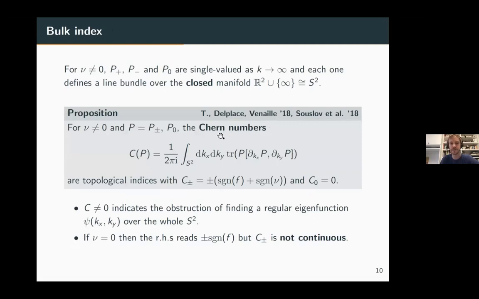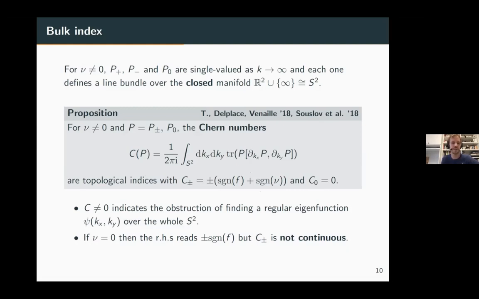So you have an explicit formula, which is an integral over S2, and you have this trace expression. And these are topological indices, so you can compute them for P plus, P minus, P0, and you can actually compute them explicitly. So C plus and C minus are given by this expression, where this is just the sign function. So it depends on the sign of the Coriolis force, the sign of the odd viscous parameter, and the flat band is always trivial.